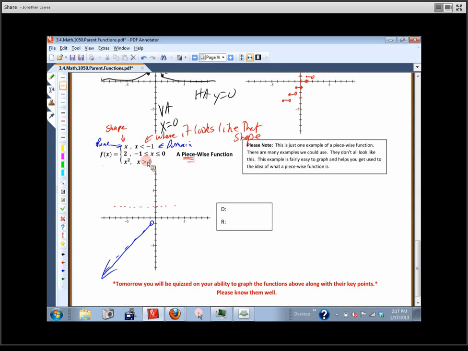Like what we said, it's easy if you go step by step. You should know the shape.